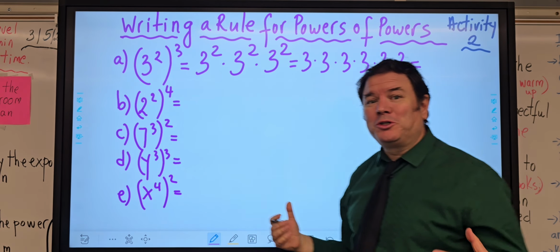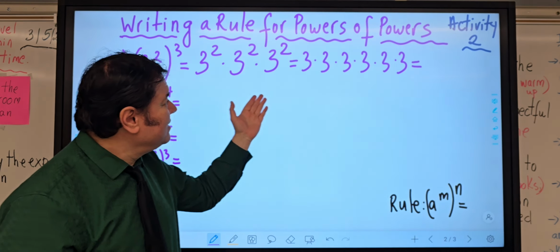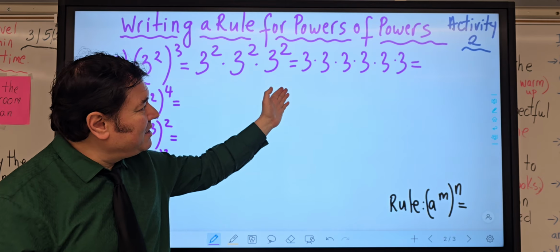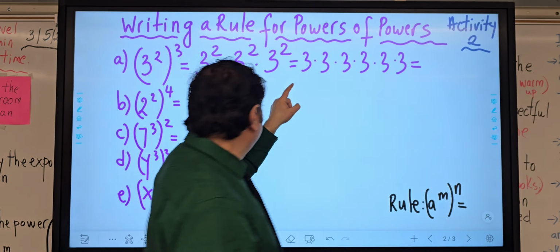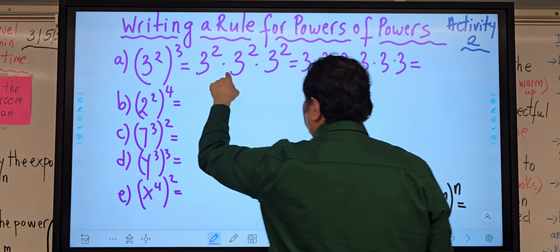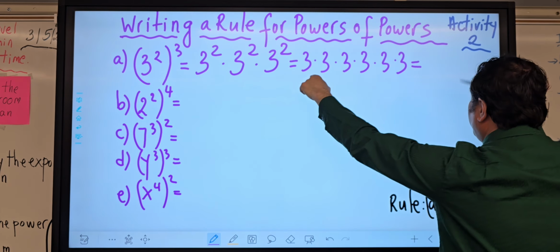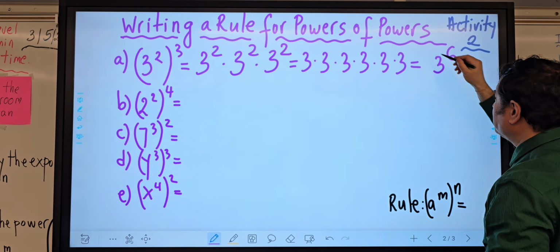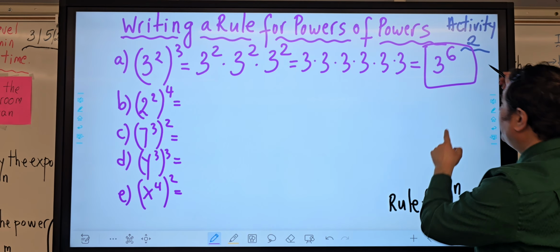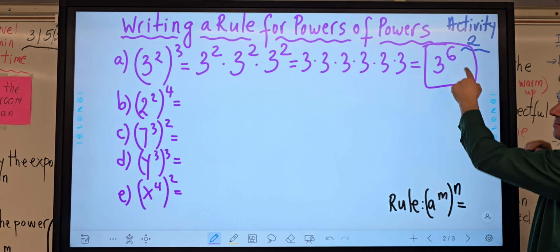Now if we count all the 3's, we see that we have 6 3's. We multiply 3 6 times. So the base is 3 and the exponent would be 6.